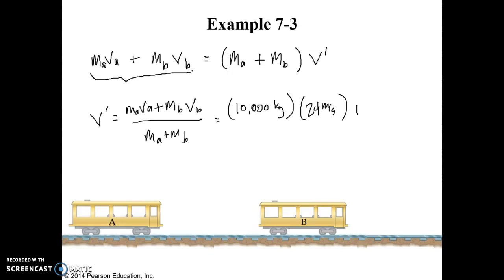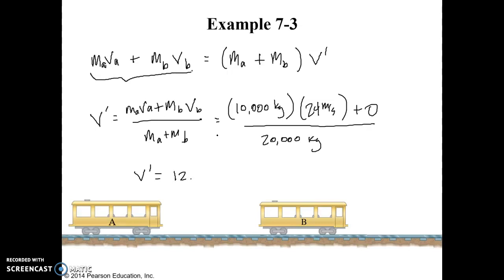So that whole term is just going to become 0. Divided by the combined mass, 10,000 plus 10,000 is 20,000 kilograms. And so when we calculate that out, we see that the final velocity of the combined train is going to be 12, just 12.